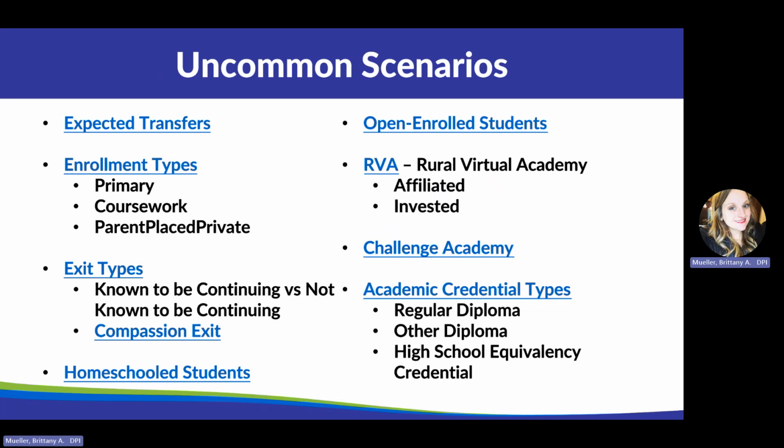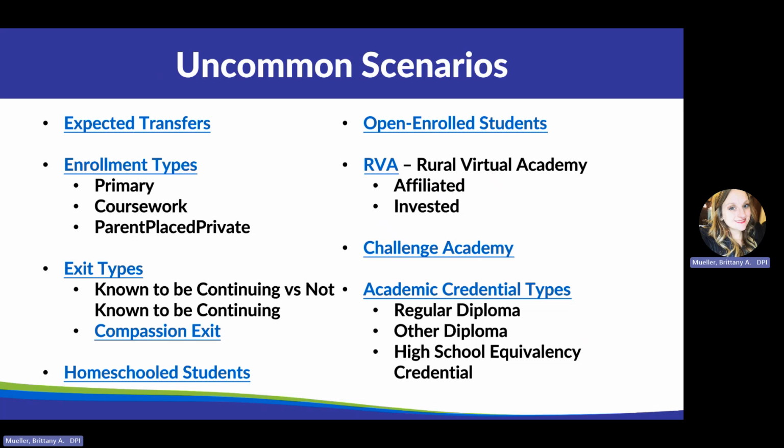So there are 4 situations when a compassion exit is used. The first 3 scenarios are basically for students that need to be permanently removed from your reporting due to unforeseen terrible circumstances.